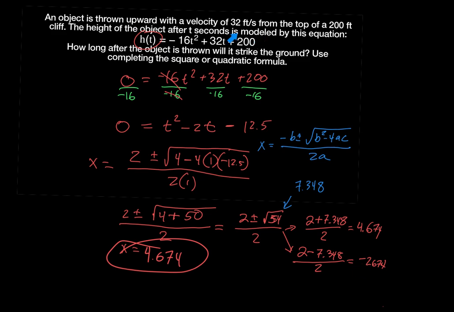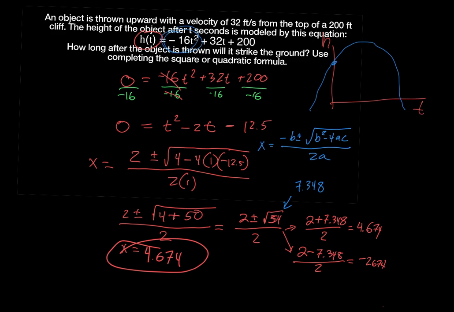The reason why is if I would actually graph this with time on this axis, height on this axis. At time 0, it's at 200 feet because it says from the top of a 200-foot cliff. So what's actually happening is I have a parabola that goes like that.